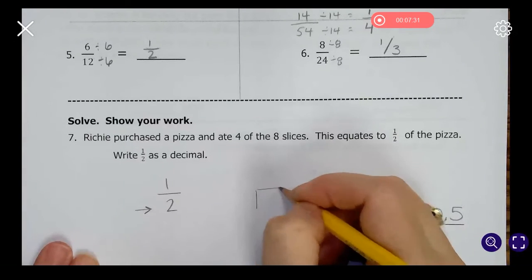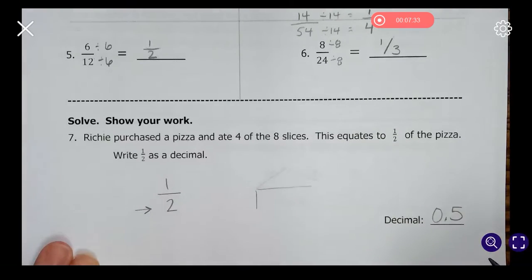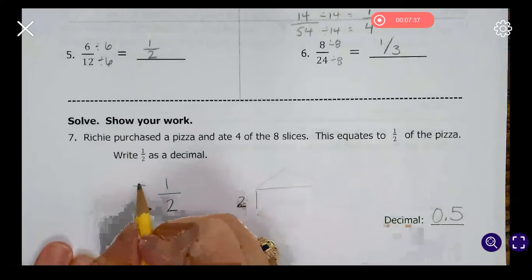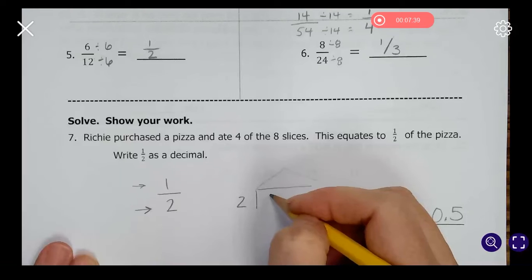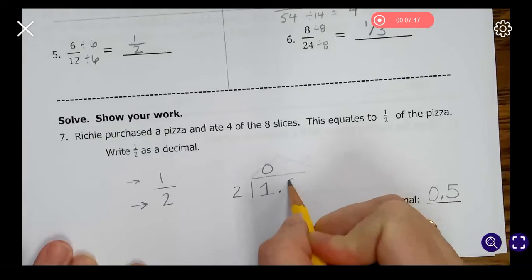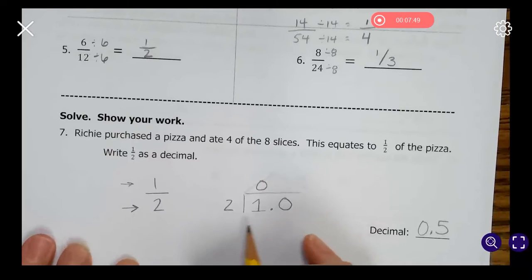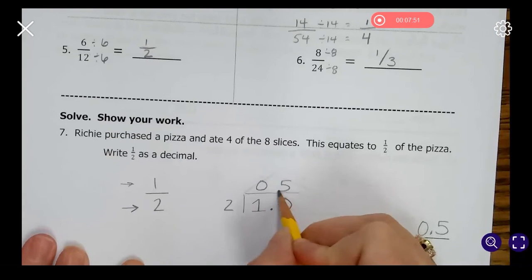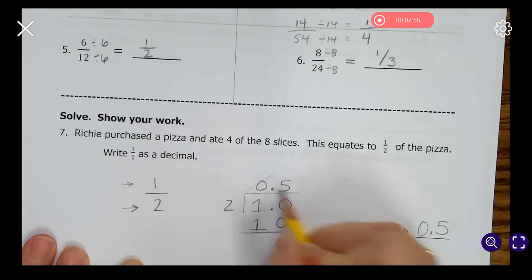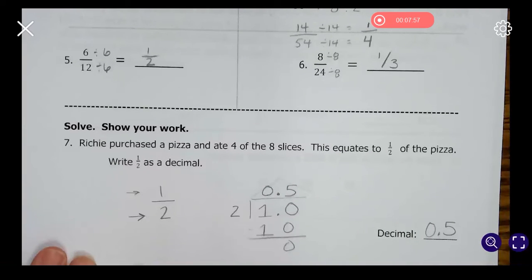So if this were a house, the denominator is knocking at the door and the numerator is inside the house, okay? So 2 cannot divide 1, we add a 0, 2 can divide 10 5 times, which is 10, and you would get 0.5.